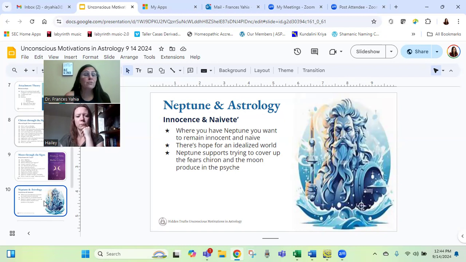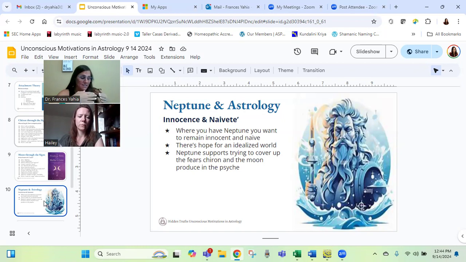So there you want to remain innocent and naive. You don't want to necessarily recognize the limitations of your Chiron and your moon, that you're human, that you can tolerate negative things, that you don't love yourself, and so forth. There's hope for an idealized world in that section of the chart, and it tries to cover up that we have a Chiron and a moon in our chart.